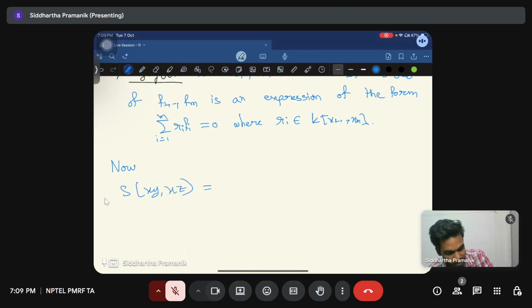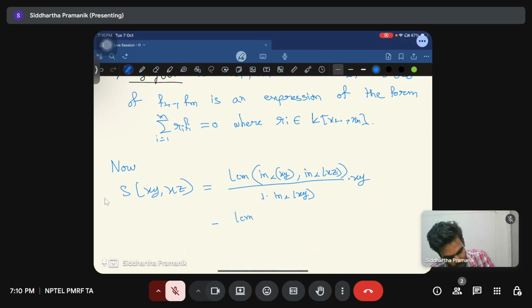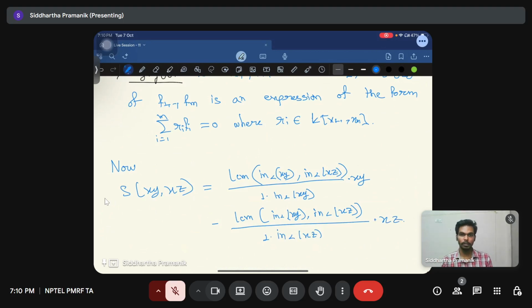By definition, this is the LCM of the initial term of xy comma the initial term of xz, and the coefficient is 1, divided by the initial term of xy times xy, and subtract the same numerator, the LCM of the initial term of xy with the initial term of xz, divided by the coefficient 1 times the initial term of xz times xz. So this is the thing we have to compute.